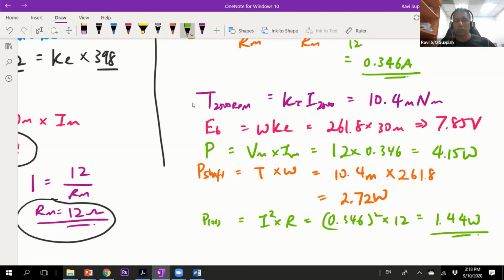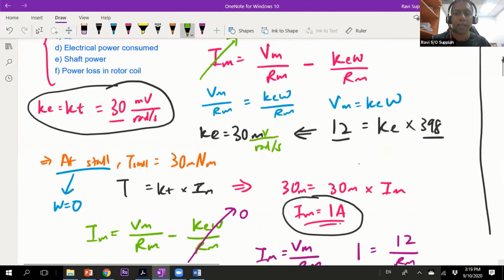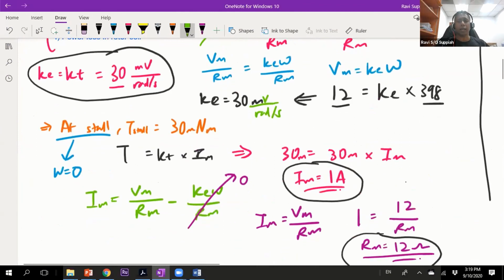Basically, if you look at all the workings that we have done, the first step is deriving the Ke, Kt, Im and Rm. Once you derive these, you can put everything back into the formula for subsequent calculations.